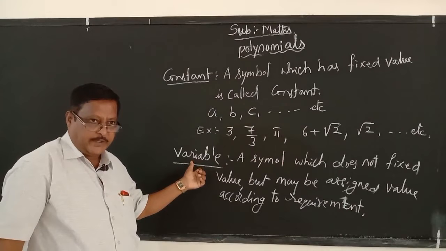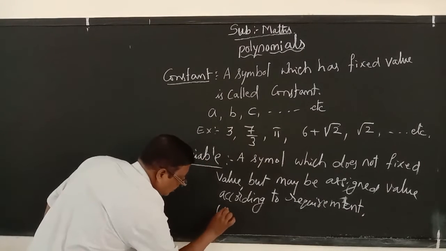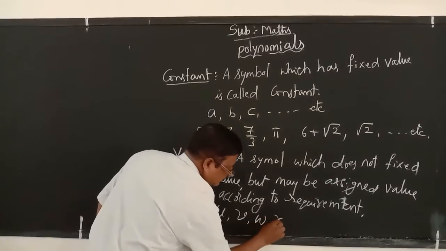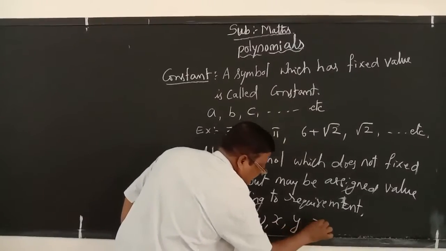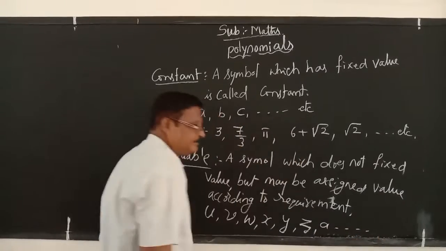Variables are denoted by small alphabets like u, v, w, x, y, z, etc.